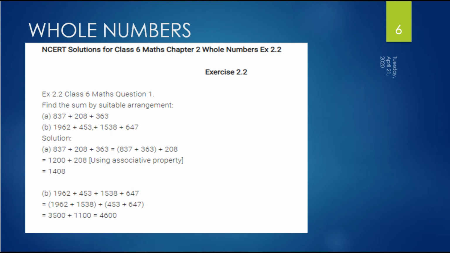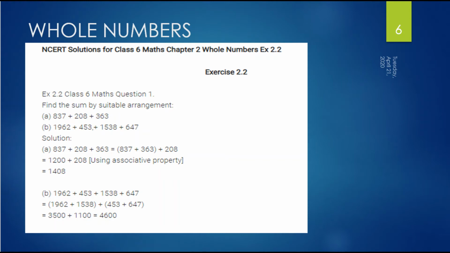A suitable method is to check the ones place. The first number has 7 at the ones place, and the last number, 363, has 3 at the ones place. If I add 7 and 3, it will become 10. But if I add 7 and 8 of the second number, it will become 15, that is 5.